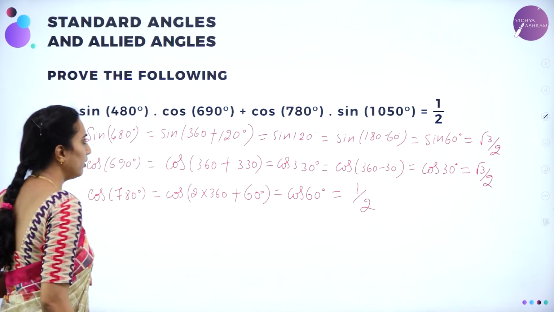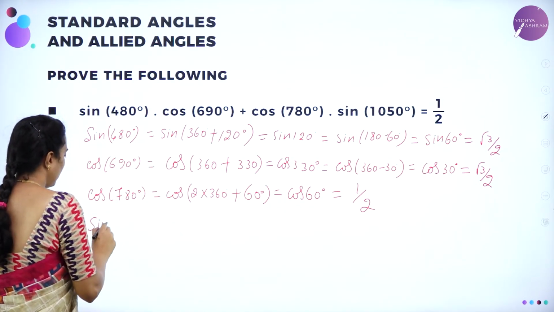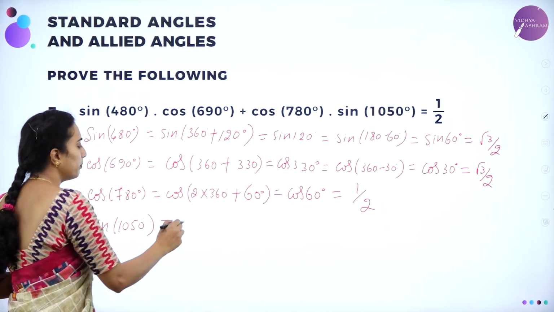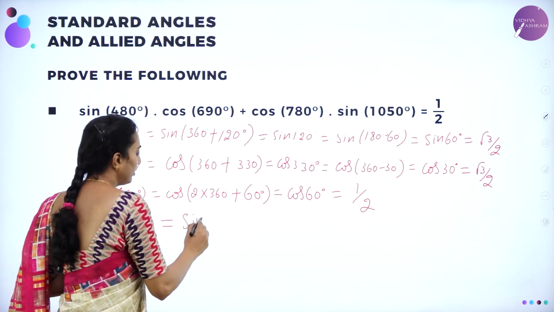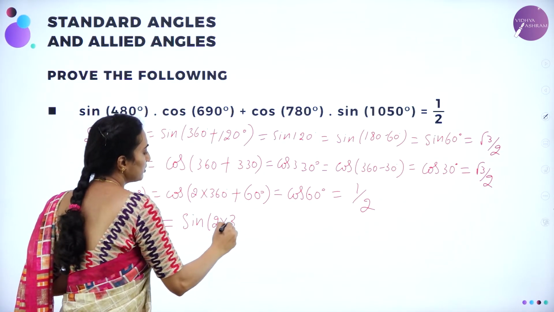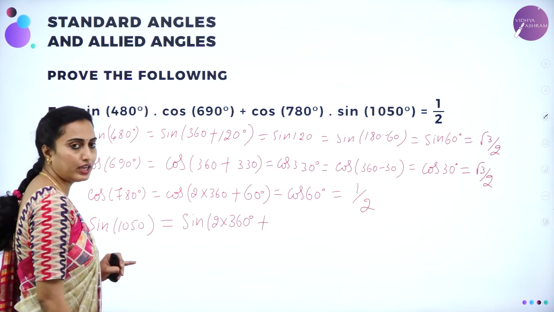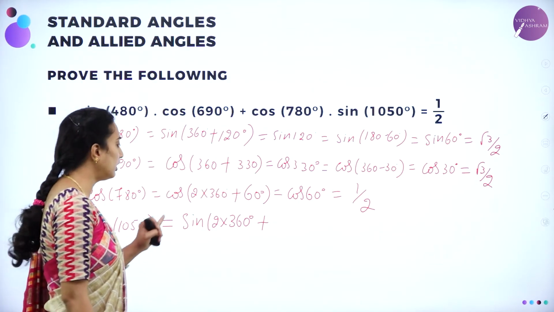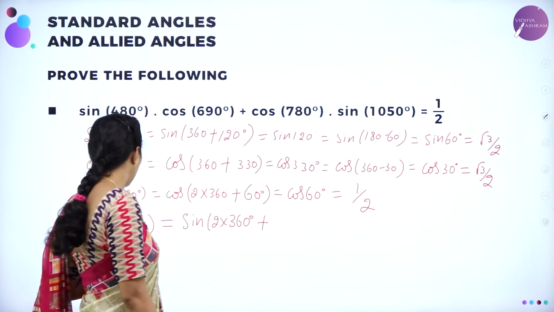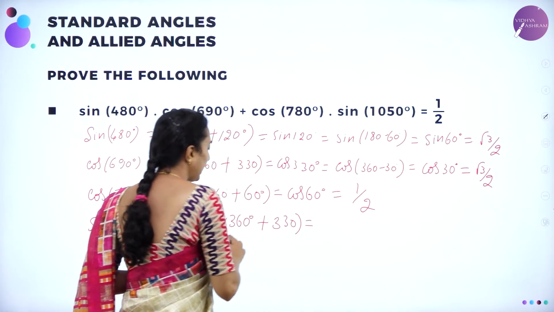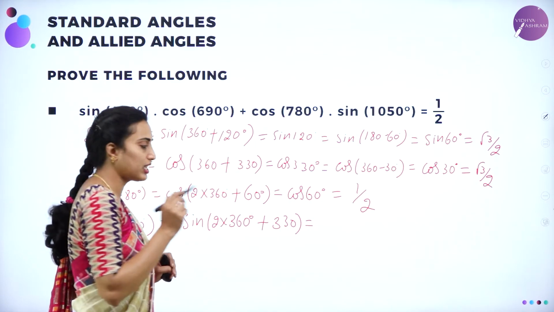Again, sine 1050 is equal to sine of 2 into 360. What is 2 into 360? 720. How much do you have to add to become 1050? You have to add 330. 330 plus 720 gives you 1050.